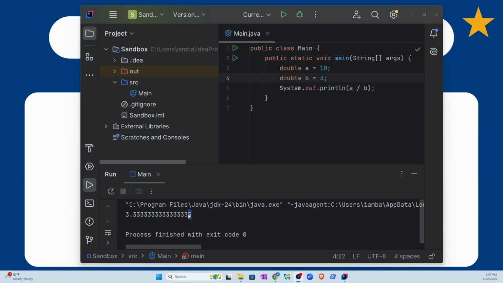So it's a limitation of how floating point precision numbers are represented in binary. So the best that Java can do working with binary right under the hood is use this 5 at the end to get us close to the actual value of 10 over 3, which is 3 and 1/3. So yeah, 3 and 1/3 can't be exactly represented by a double.